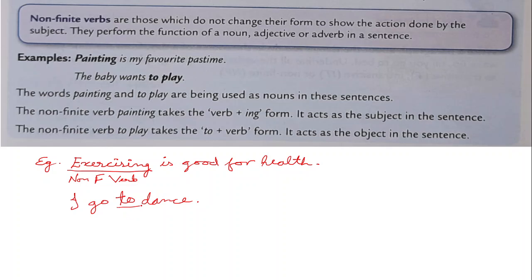So here "to dance" becomes the non-finite verb. This is how we have to differentiate between finite and non-finite. I go for something. What is the name of that? To dance. Okay.